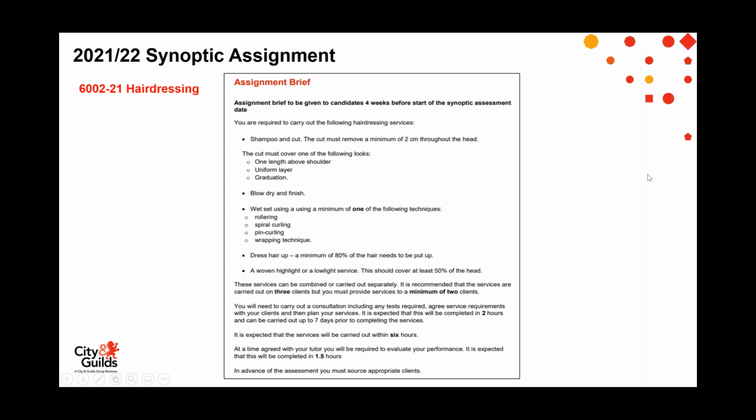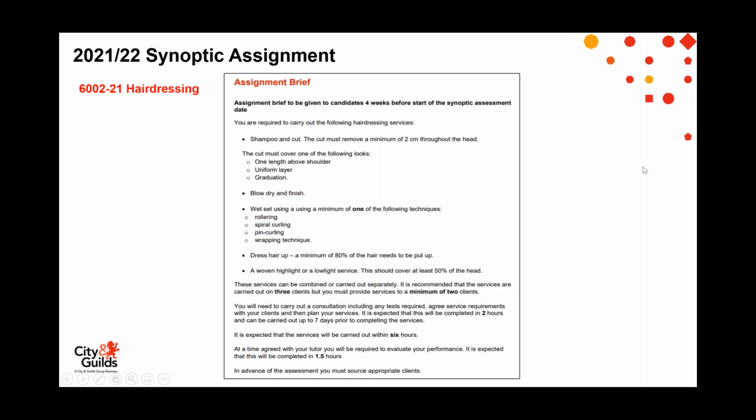Sometimes we've had with the colouring one where students have done their highlights and perhaps then done an infill of colour. We would recommend that centres keep within the level 2 foundation syllabus. We're well aware that some students may do that as a regular thing even.